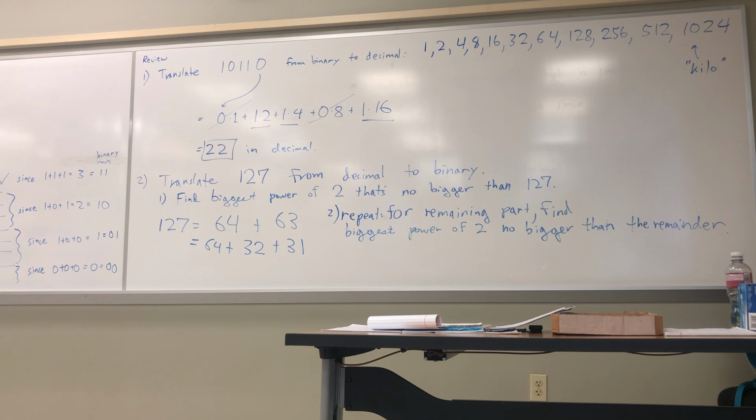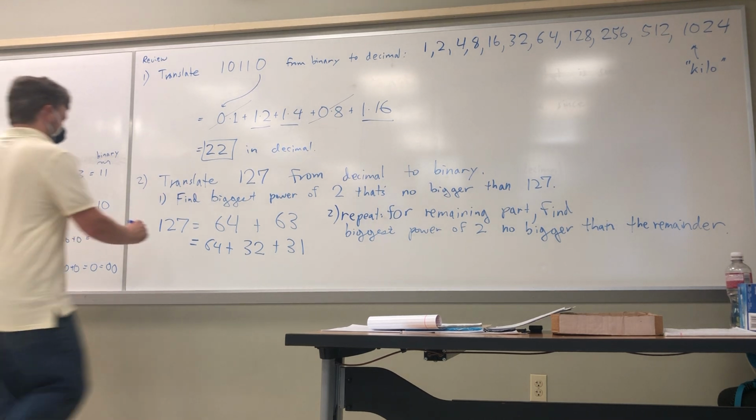Every time the remaining part is 1 less than the power of 2, because I started with 1 less than a power of 2. Like 127 was 1 less than 128. So half of it splits almost into 2 perfect powers of 2, but it's 64 and 1 less than a power of 2. And then every time you have 1 less than a power of 2, it splits into a power of 2 and 1 less than a power of 2.